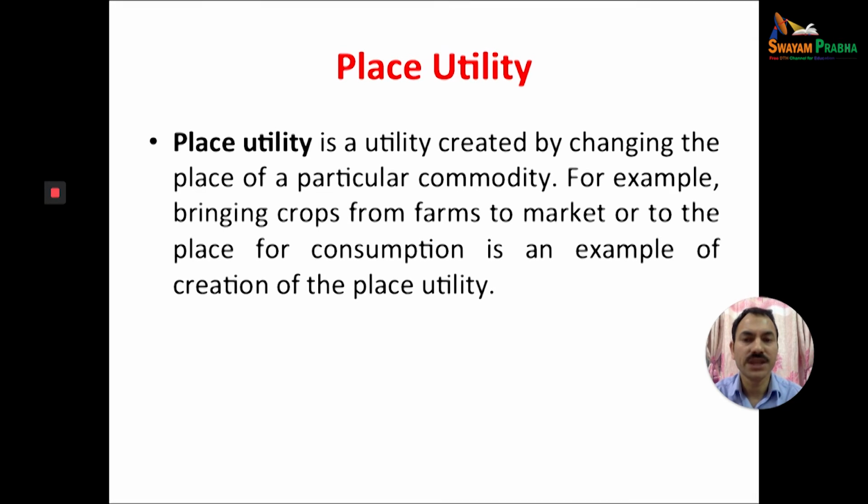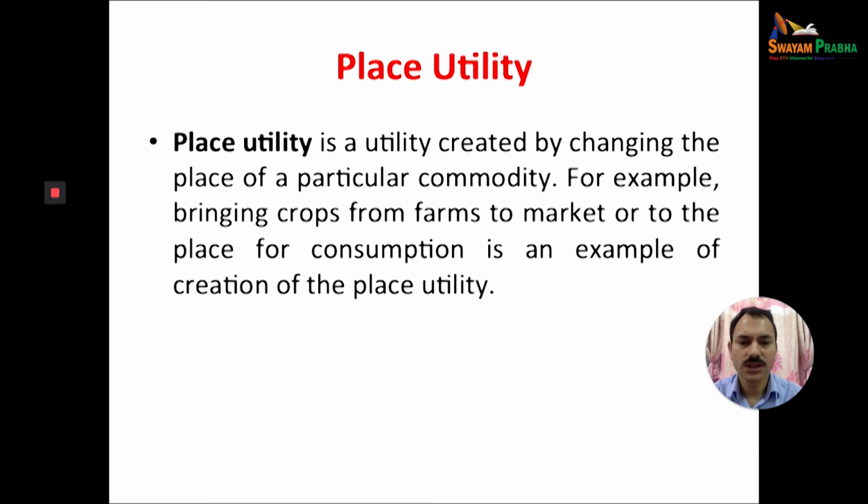For example, bringing crops from the farm to the market, or to the place of consumption, will increase the value of that product. That is an example of the creation of place utility.